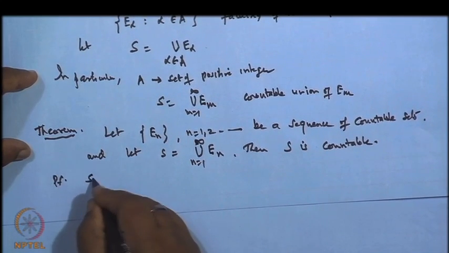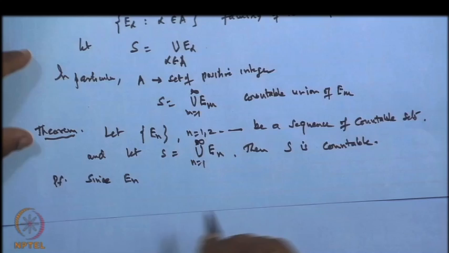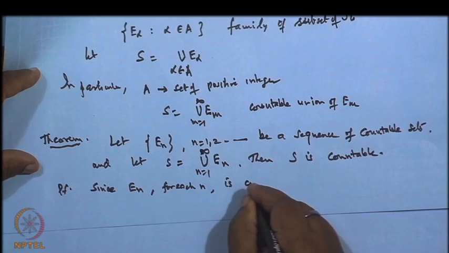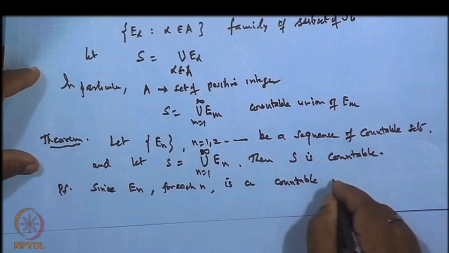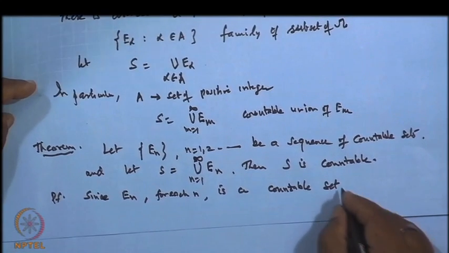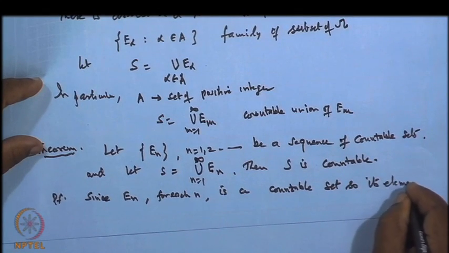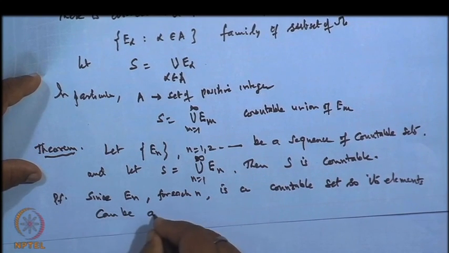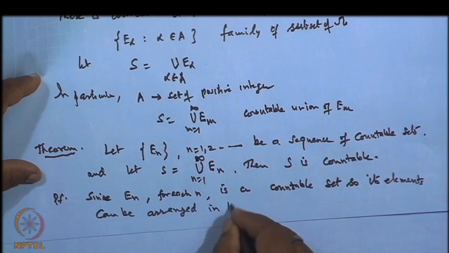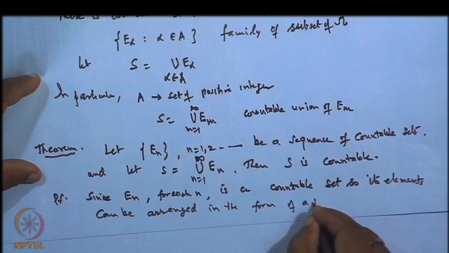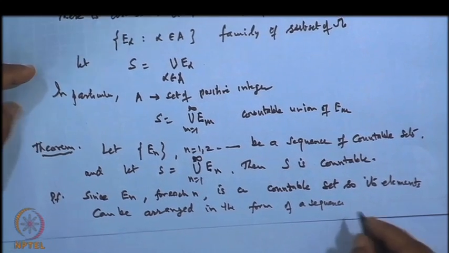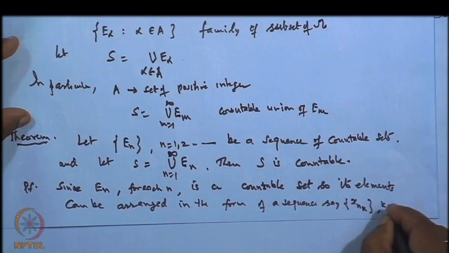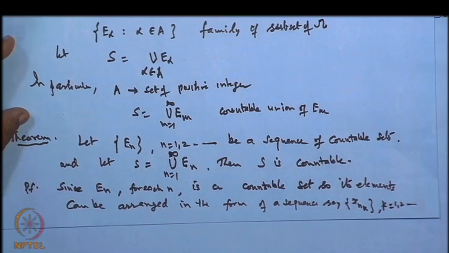So, proof: since E n for each n is a countable set, its elements can be arranged in the form of a sequence, say x n k, where k is 1, 2, 3 and so on.